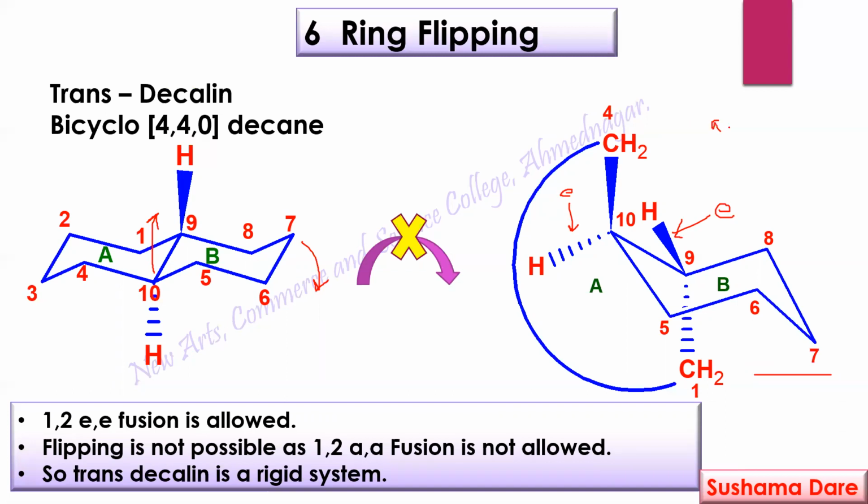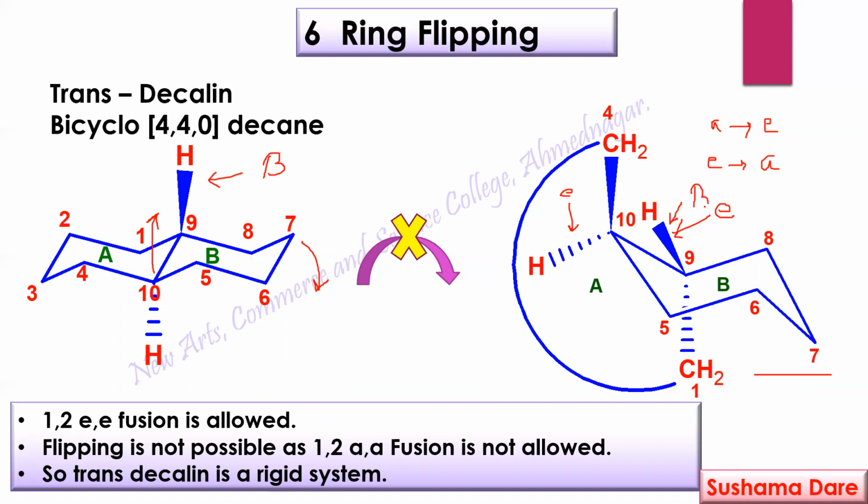So always, due to flipping, axial changes to equatorial, while equatorial changes to axial. But the orientation never changes. You can see the orientation of this C9 hydrogen is up. Up means it is beta oriented, and after the ring flipping that hydrogen is still beta oriented, facing in a top direction.